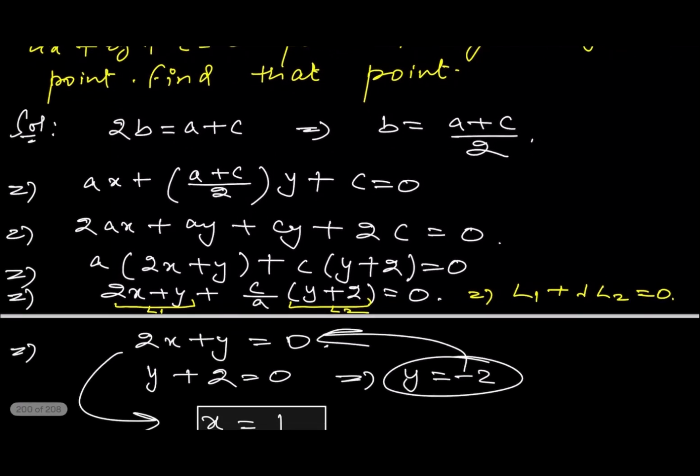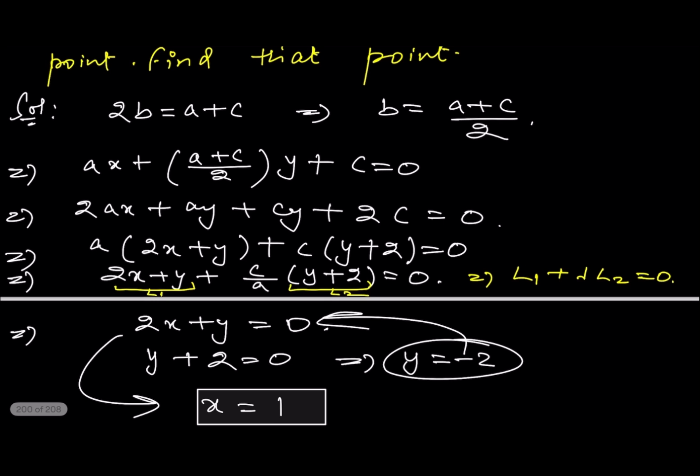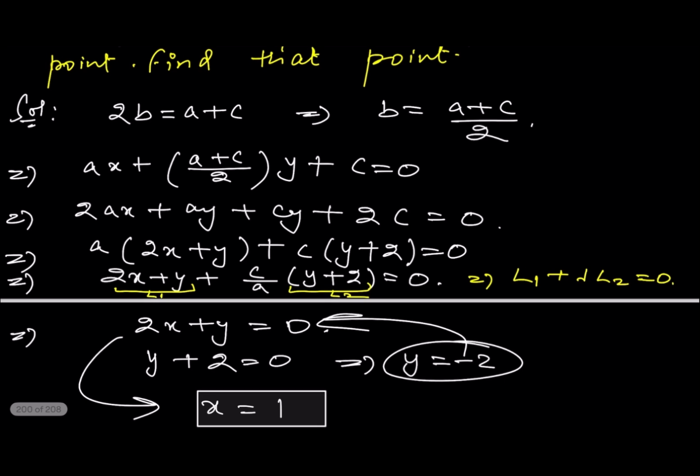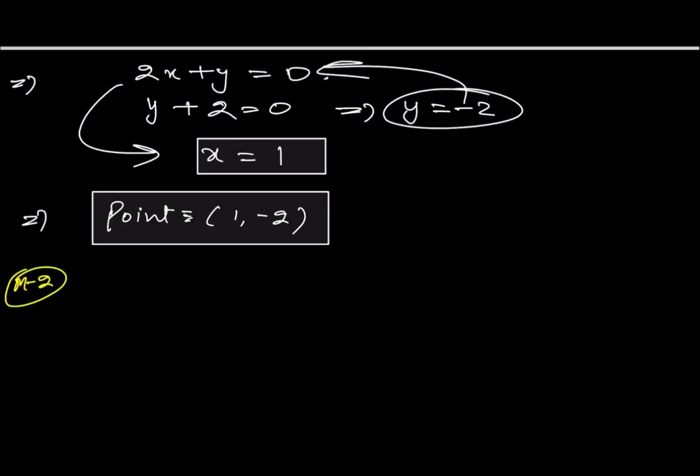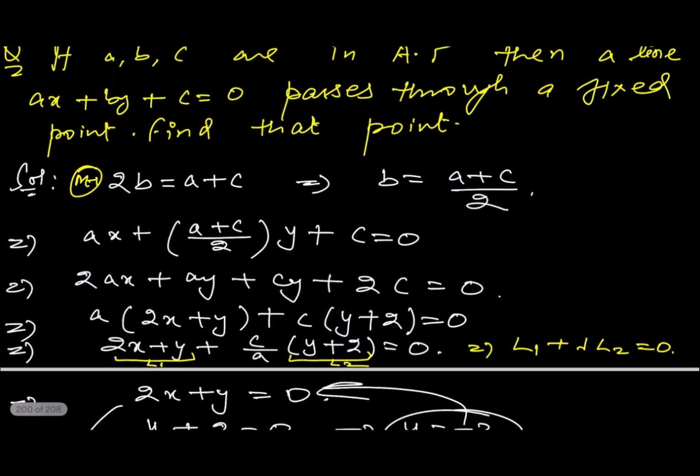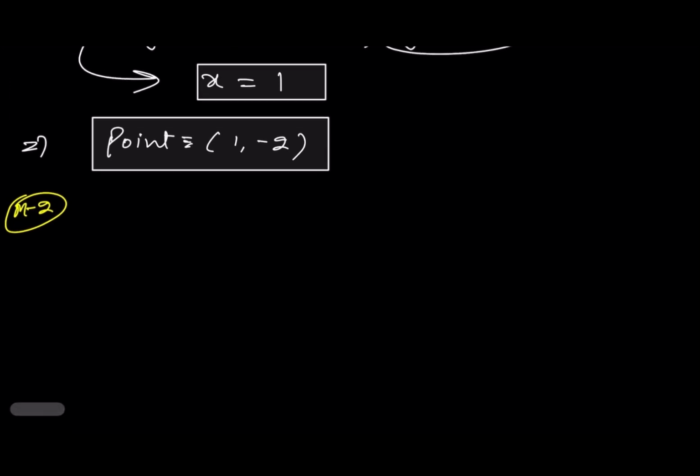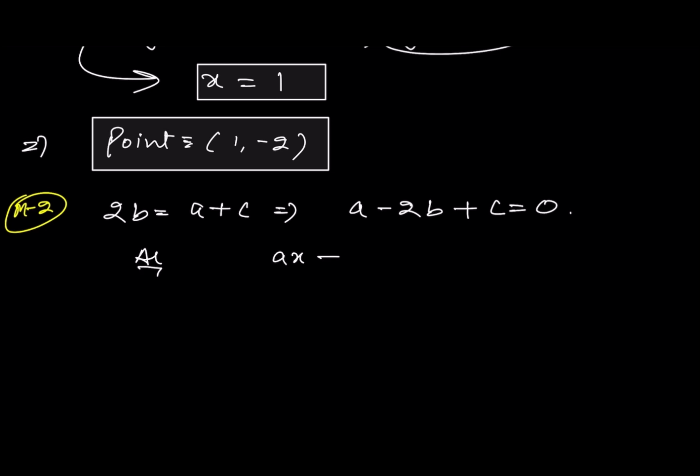Okay, and for this question there is another method also. Say this method is M1, so M2 is: if the coefficients are in AP, this implies 2b = a + c, which implies a - 2b + c = 0. Also the line is ax + by + c = 0.